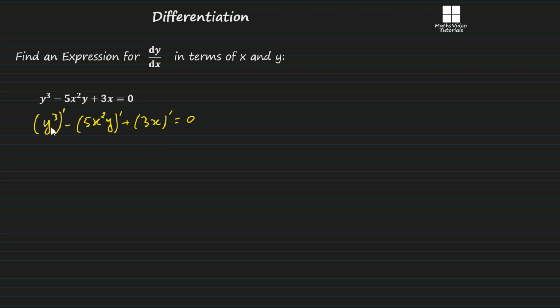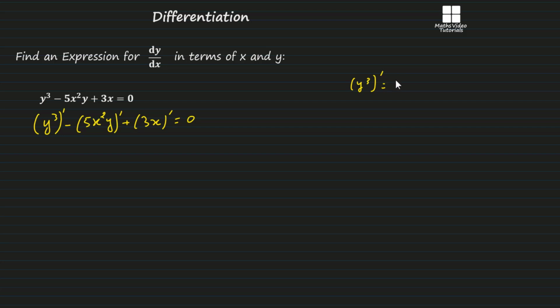Now for y to the power of 3, if you differentiate it, you need to be aware that because y is a function of x, you need to use the chain rule.